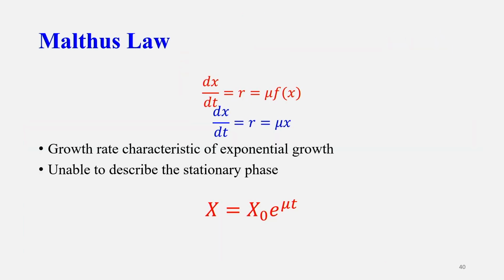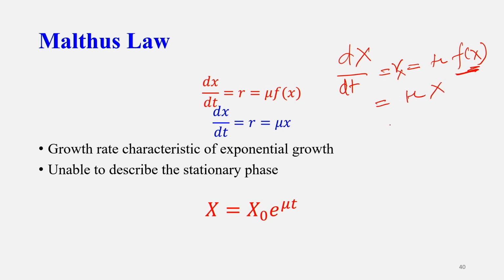So, Malthus law, what does it say? Once there is a growth, dx upon dt, this is the rate of biomass growth, is a function of mu, the specific growth rate, and f(x), x as well. If you simplify this, f(x) is taken as x. This simplifies to the equation dx upon dt equals mu into x.